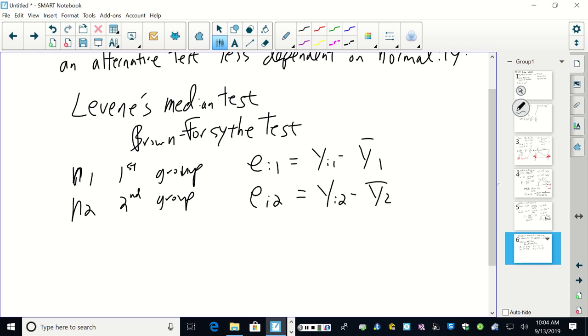So we're going to take the differences to the averages in each group. Kind of center each group separately around its own average.